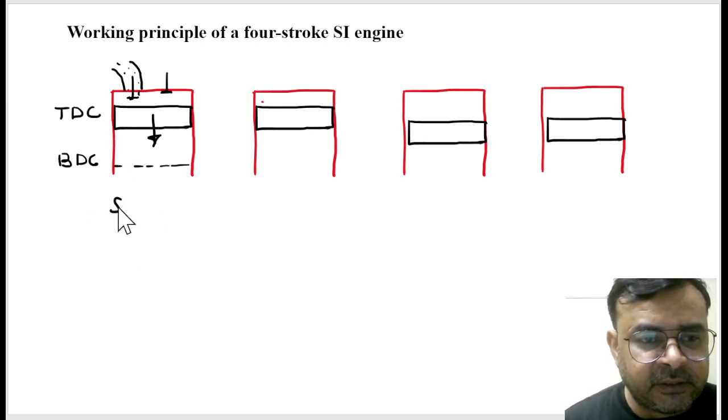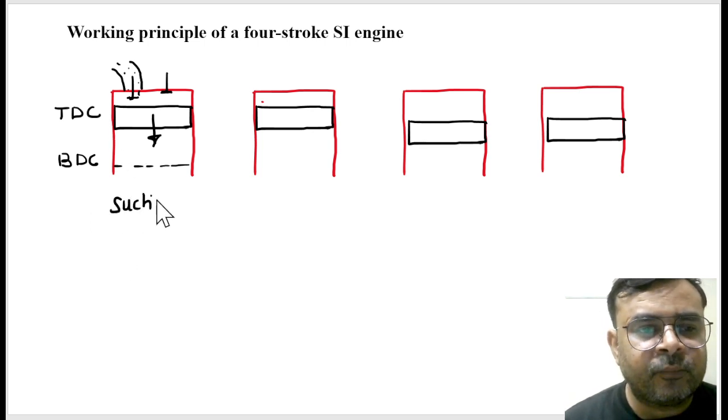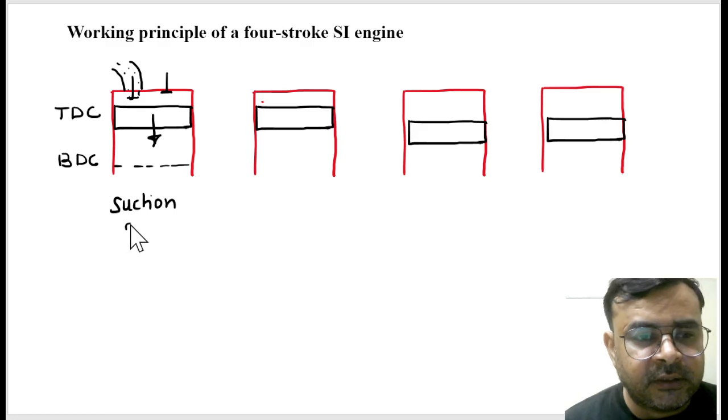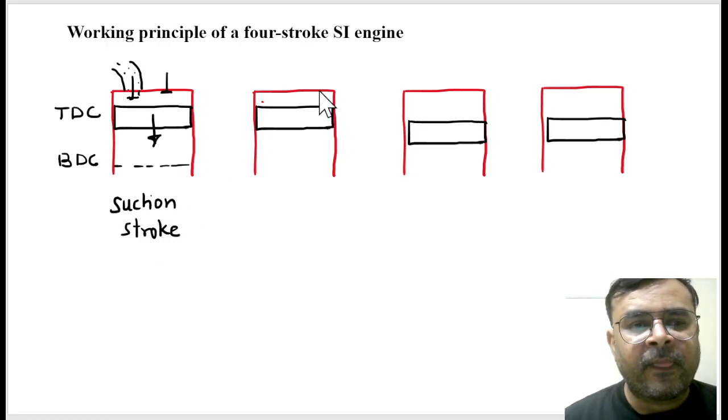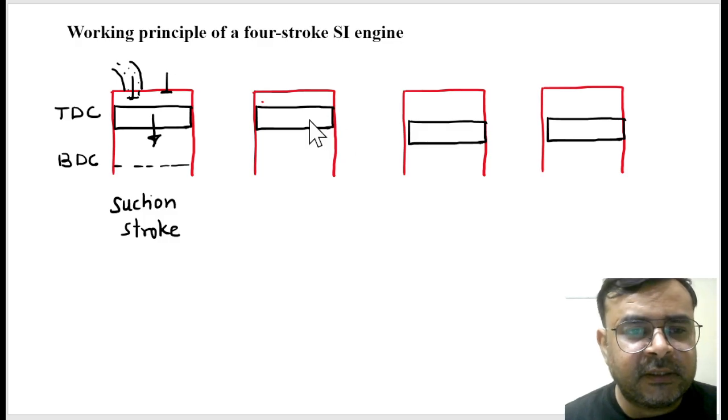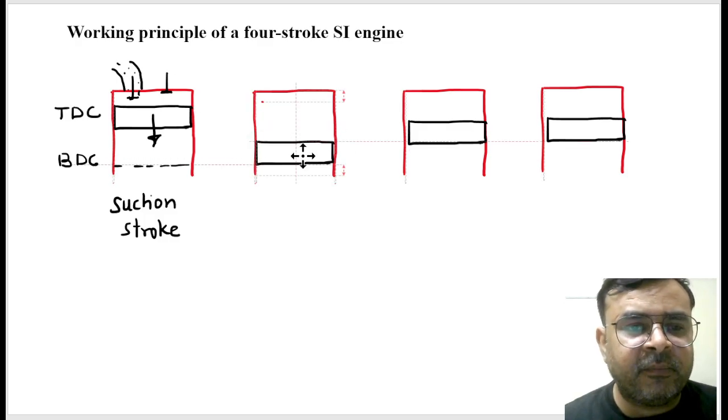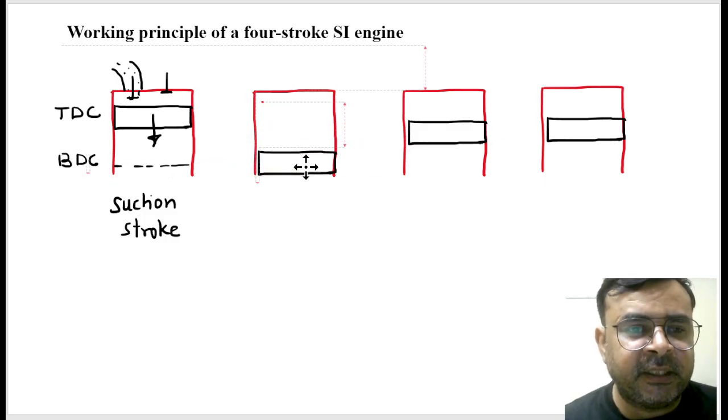This is called suction stroke. Are you getting my point? Once the piston reaches the bottom dead center, the suction process is completed.